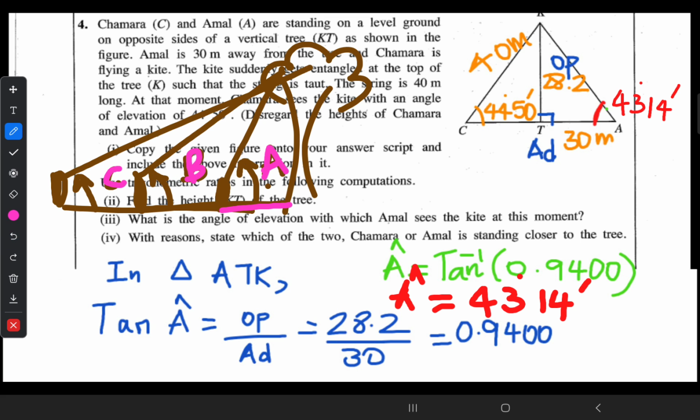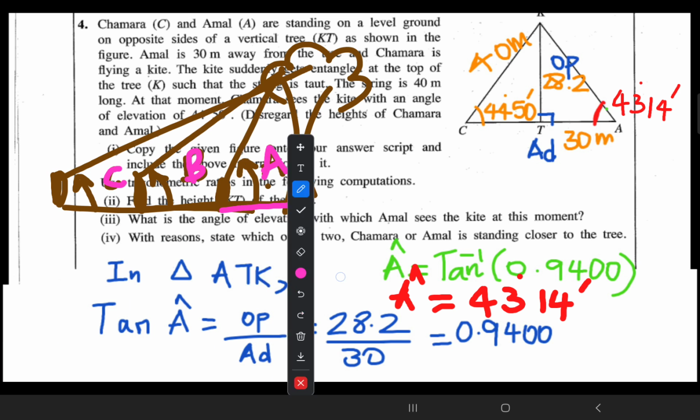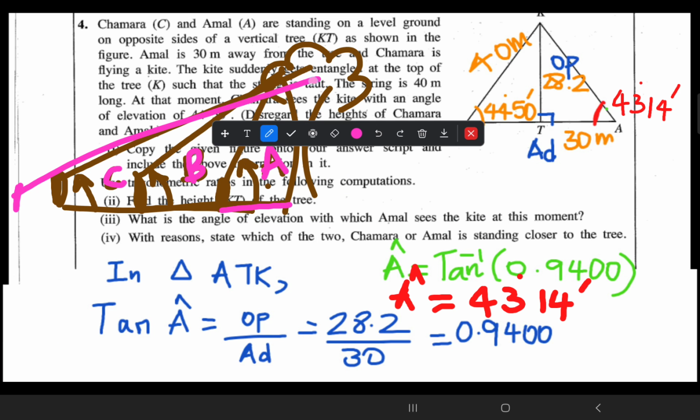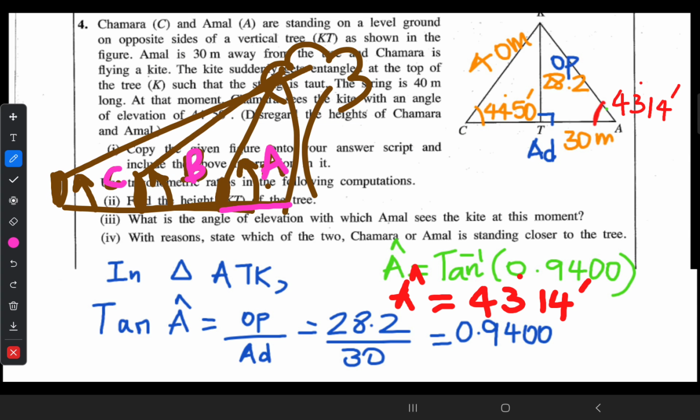Here you can see that clearly. See the relationship. Here the angle is very high, here somewhere in the middle, here it's a little low. When you think about here, this is even lower than the previous one, so when you are near to the tree, your angle of elevation is high.